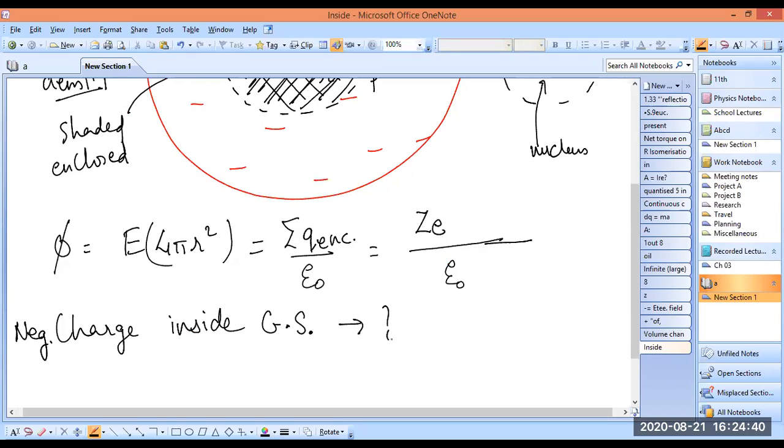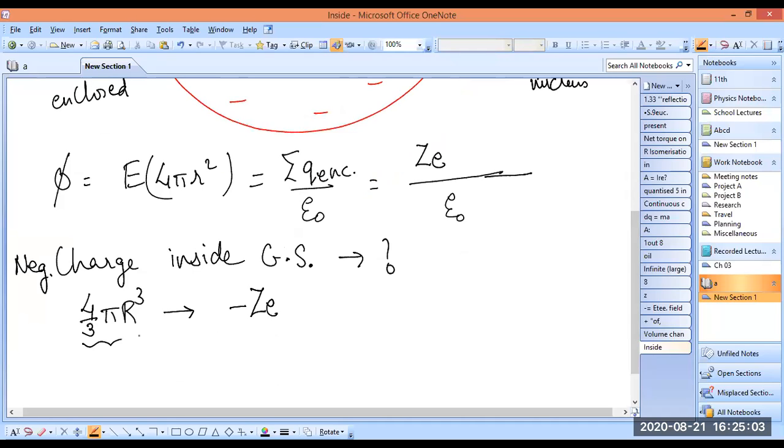Unknown. But do you realize that in a volume 4 by 3 pi capital R cube, right, this is the total volume of the atom. In that volume there is charge minus Ze, correct, right? In total volume, the total charge is minus Ze.